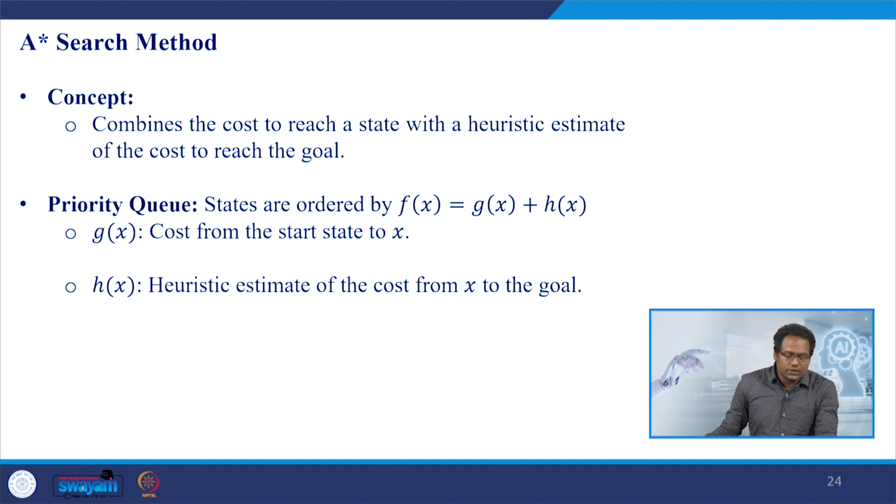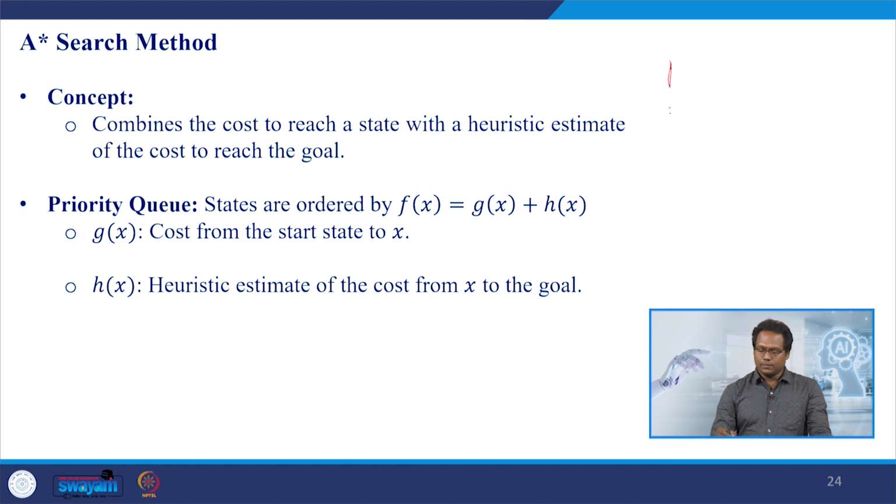Now, coming to the A star search method. So, the concept here is it combines the cost to reach a state with a heuristic estimate of the cost to reach the goal point. Not only cost, not only the heuristic approach, but a combination of both the cost as well as the heuristic estimates of the cost will help to reach.